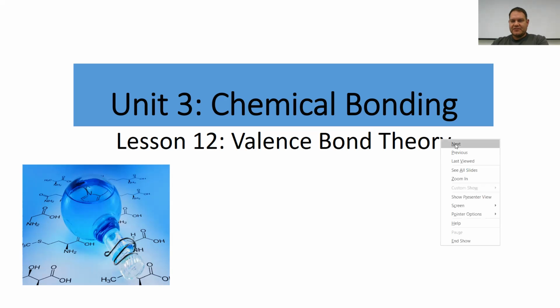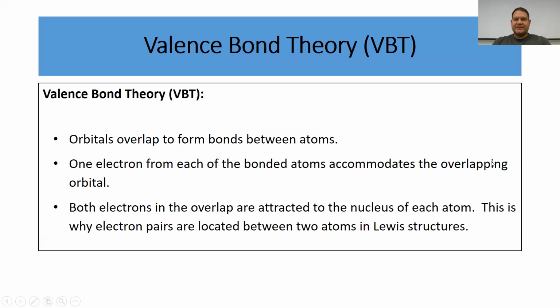So in a nutshell, in order for a covalent bond to form, you take the orbital of one atom in the valence shell that has an electron in it, and the orbital of another atom that has an electron in it, and these two form a covalent bond. They come together and the orbitals overlap with one another.